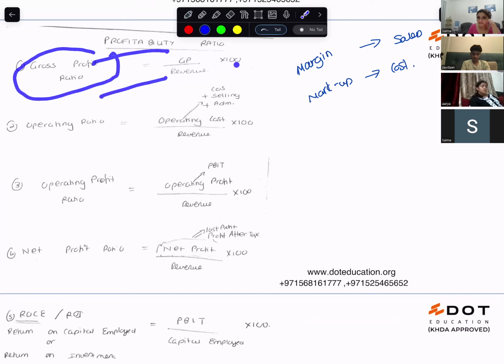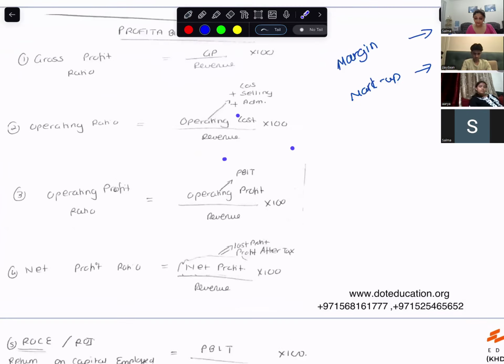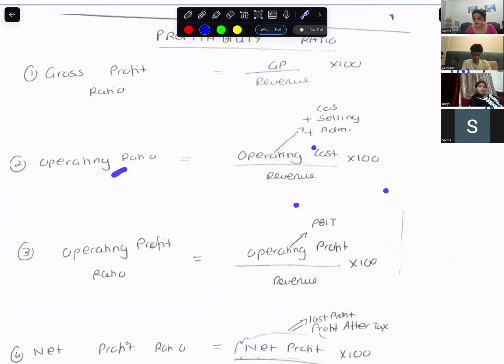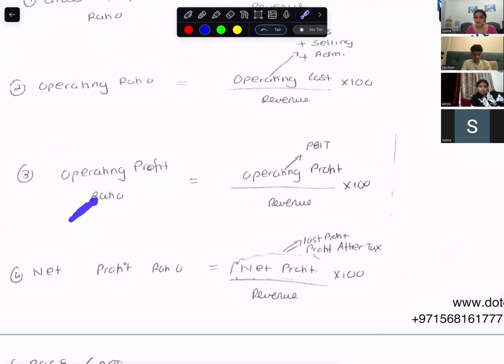Operating ratio would be your operating cost over revenue into 100. Operating cost means your cost of sales plus your selling expenses plus your administration expenses. Operating profit ratio is your profit before interest and tax over revenue into 100.